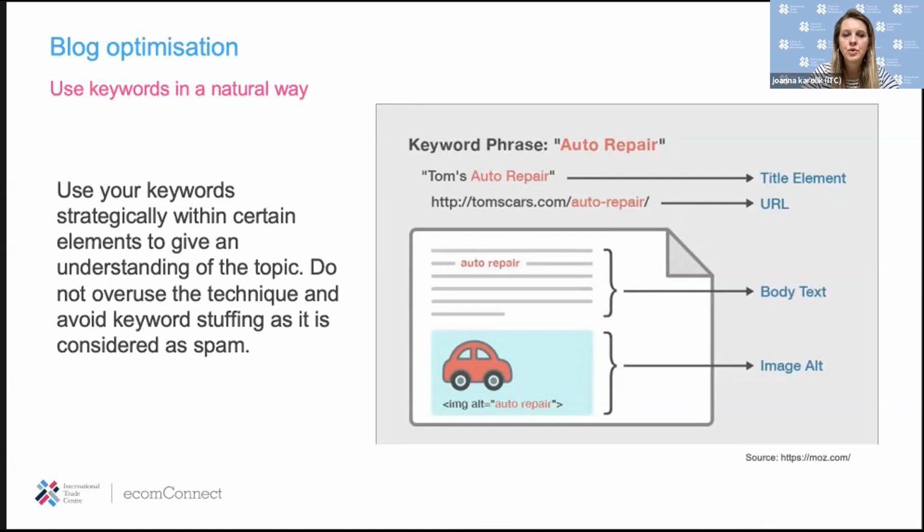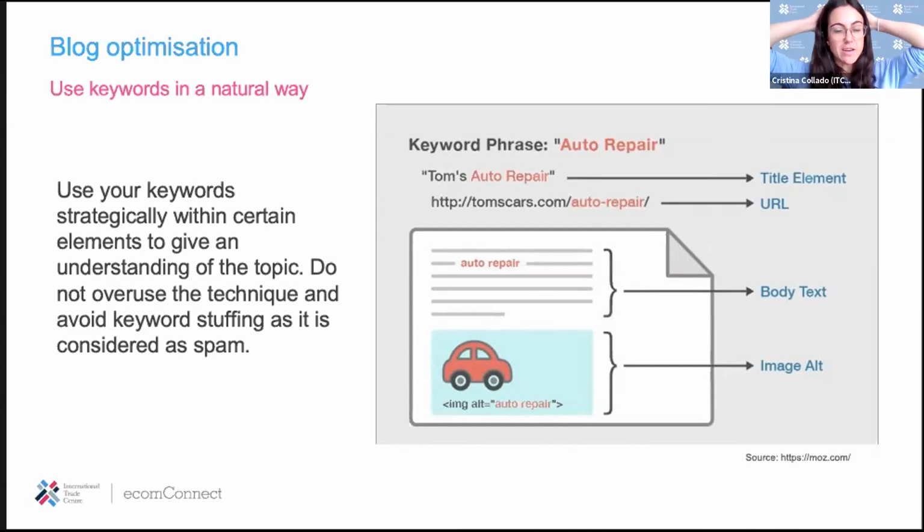So do not overuse the technique, and no stuffing, because it's considered spam. So you want to have your keyword probably in the title element, in the URL, in the body text, in the image alt description as well. So these are the basics.